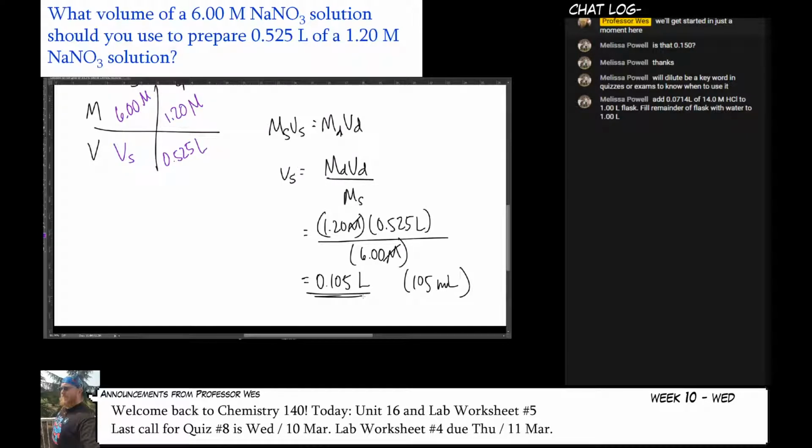There you go. That's the volume of that solution. I would need 0.105 liters of stock solution in order to dilute that stock solution to 525 milliliters and have a concentration of 1.20 molar.